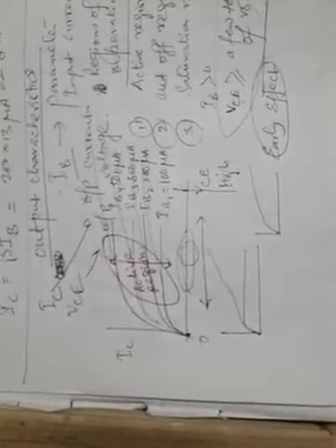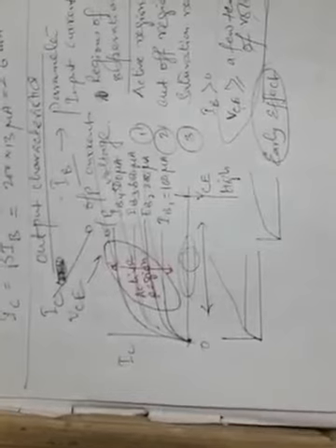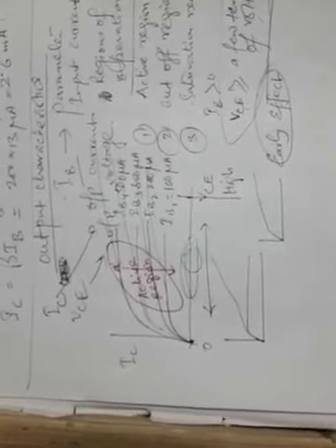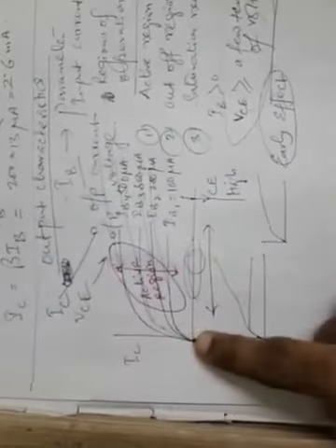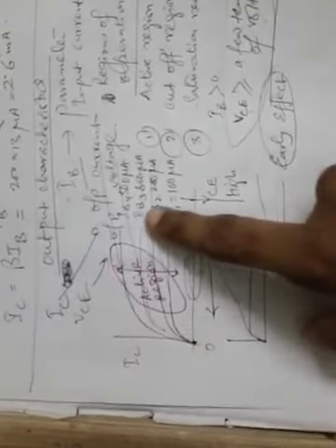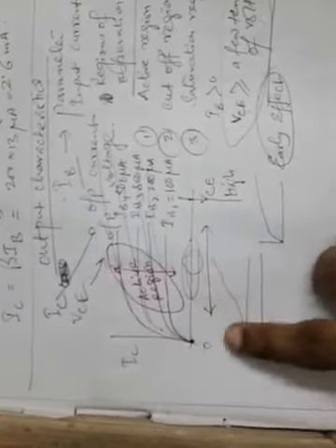To achieve cutoff, it is necessary to reverse bias the emitter junction slightly. We have already seen that decreasing the base current brings the family of curves down and decreases IC, but it doesn't mean that making base current equal to 0 will make IC equal to 0.